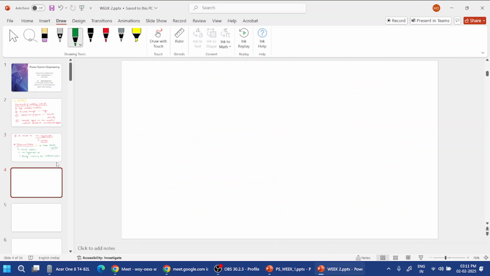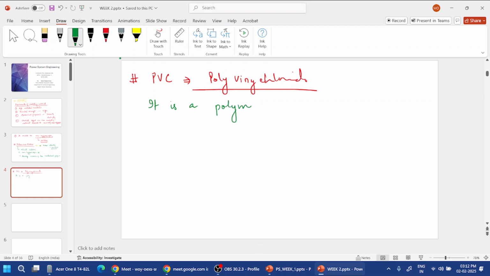Then we have another type of insulating material, which is PVC, known as polyvinyl chloride. It is a polymer which is formed by acetylene and other methods of polymerization.